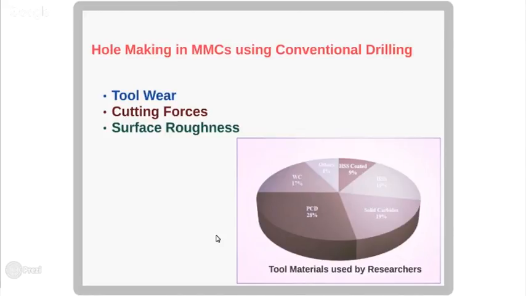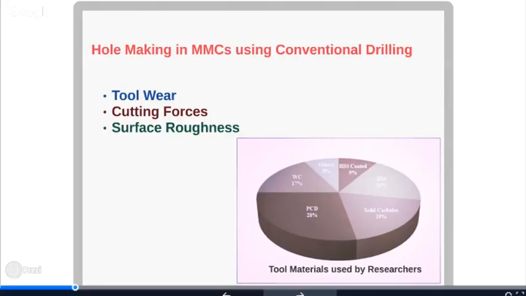Surface roughness is again a major concern, because sometimes the loosely bonded silicon carbide particles act as abrasive particles and wear the whole wall surface, because they themselves act as a cutting tool.